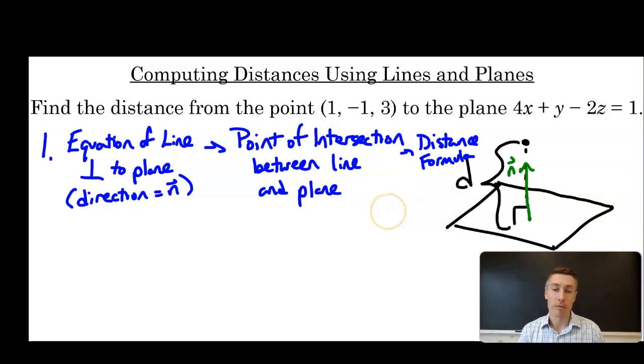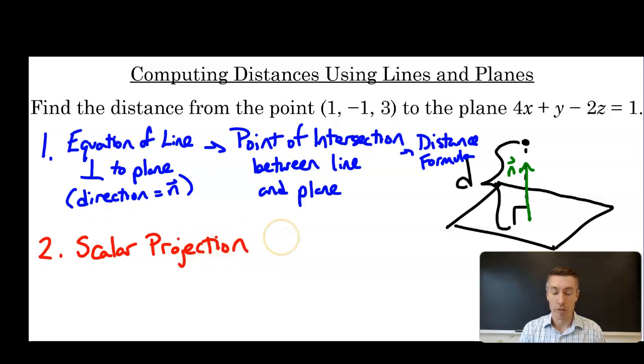I'm instead going to opt for a second approach, and the second approach is using a scalar projection. I personally think it's a little bit more efficient of a method, and it works quite nicely once you get all the pieces together. But what we wrote in blue as the first method would work perfectly every time. As far as a scalar projection, we need two vectors where one is being projected onto the other.